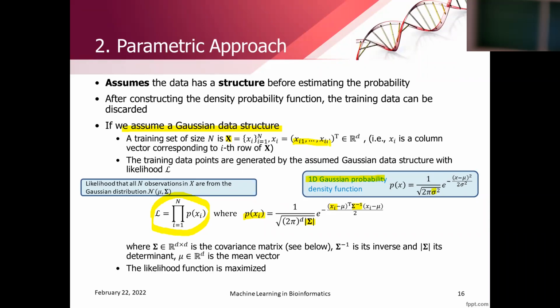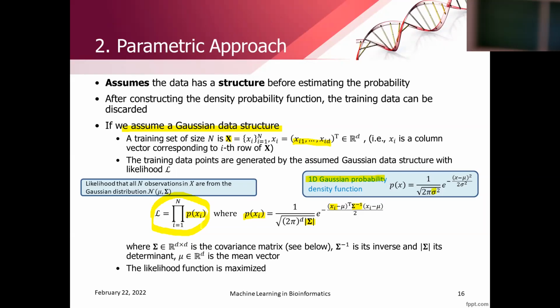Maximum likelihood approximation. So this can be approximated as the product of the density function for each observation. So we compute the density function for the first observation, second, and so on. And out of them, the product, because we have all these observations together. So the product should be maximal.